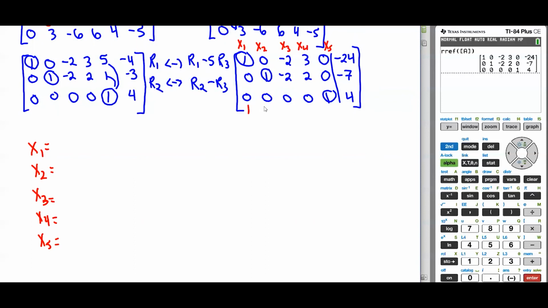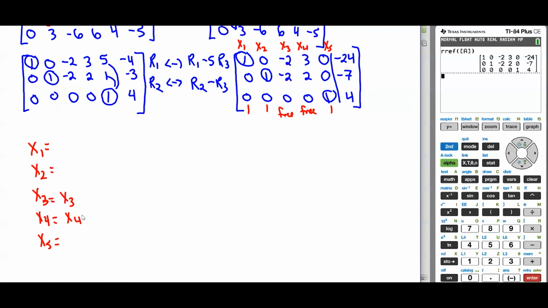And the columns that have leading ones are basic, and the ones that don't have leading ones are free. So x3 and x4 are free. I'm just going to write x3 for x3 and x4 for x4.